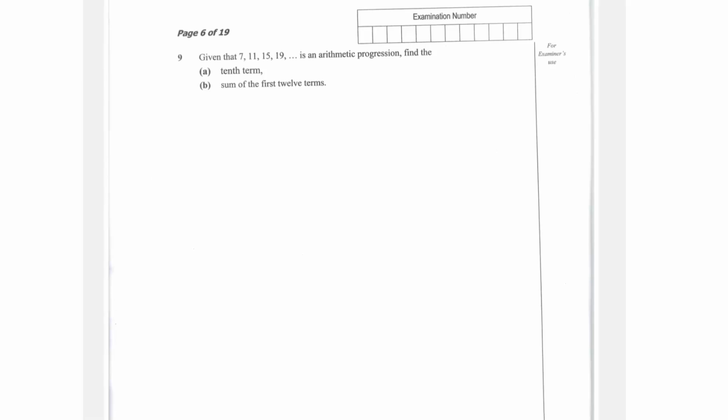Question 9 says that given that 7, 11, 15, 19 is an arithmetic progression, find the 10th term and the sum of the first 12 terms. Let's first find the 10th term. The formula for the nth term is a plus n minus 1, multiplied by d. We'll need the common difference.